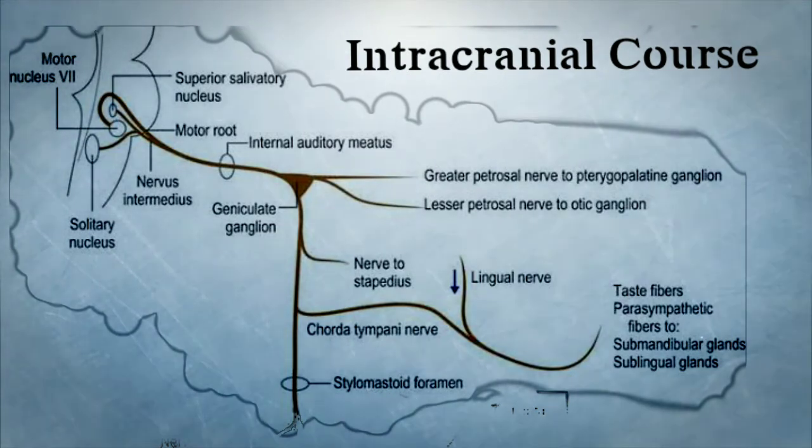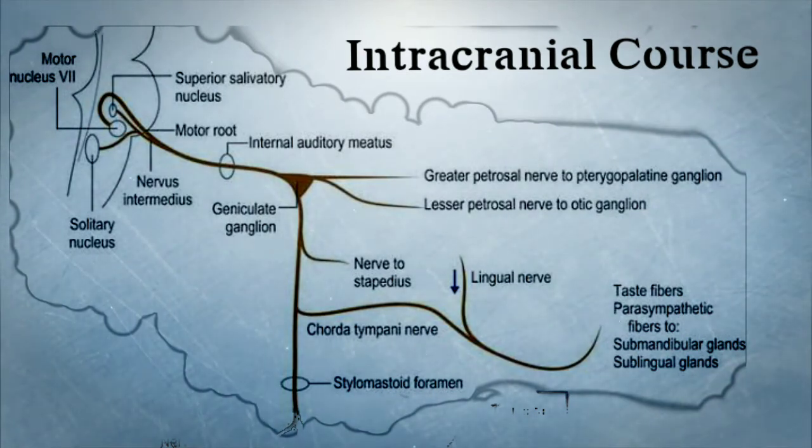Now next, the two nerve roots enter the facial canal, which is a Z-shaped structure. In the facial canal, the two roots fuse to form the facial nerve. Next, it forms a geniculate ganglion. A geniculate ganglion, or ganglion, is a collection of nerve cell bodies.